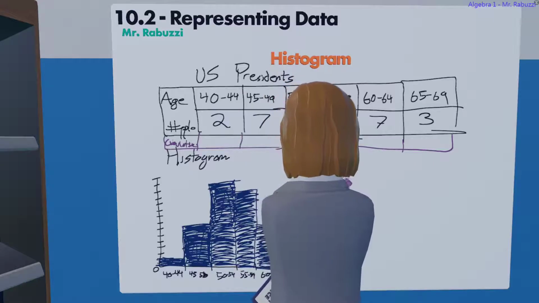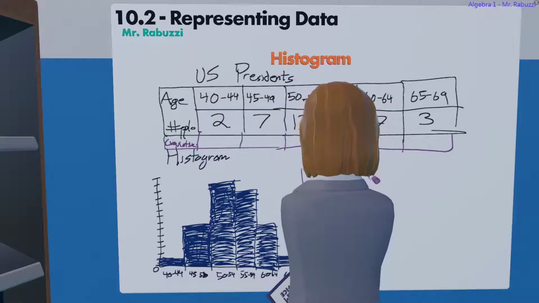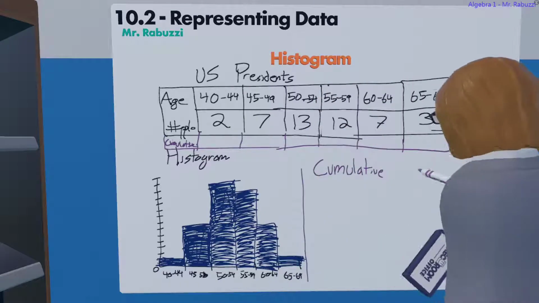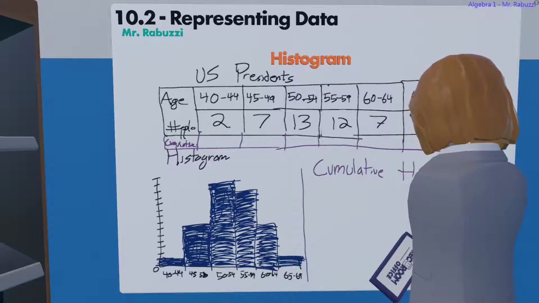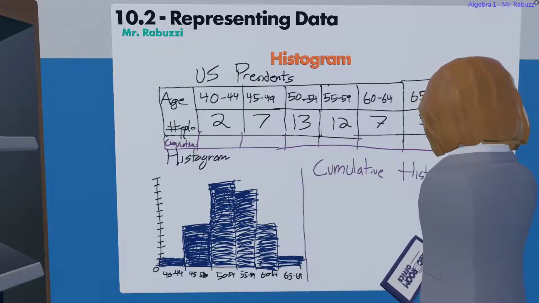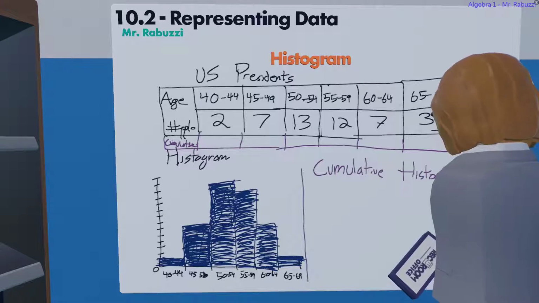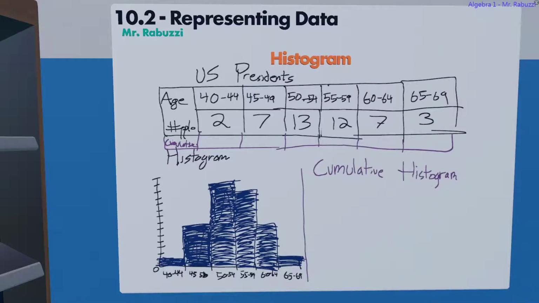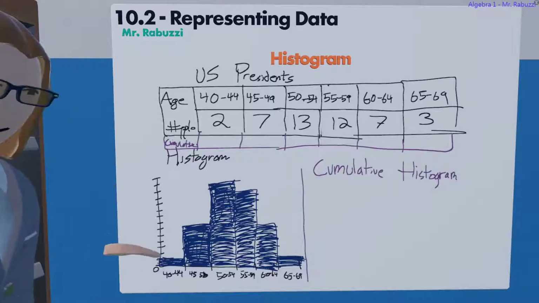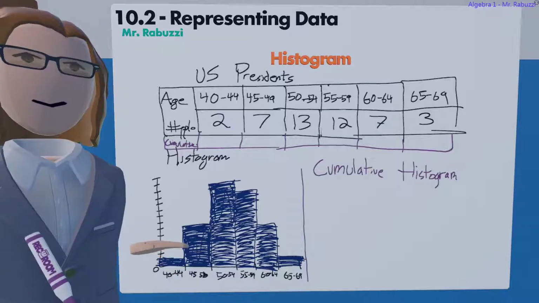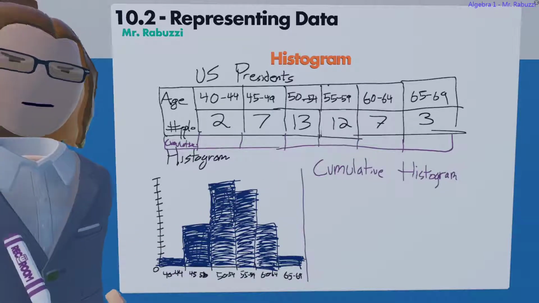So this is a cumulative histogram. I almost said Instagram again. So cumulative means it adds up. So instead of putting them in their own age groups, we're going to add the age groups each time we go together.